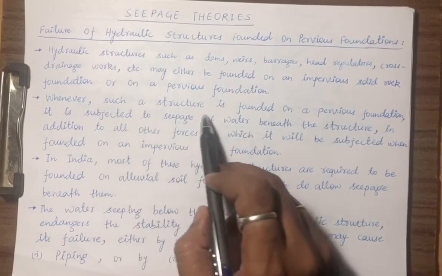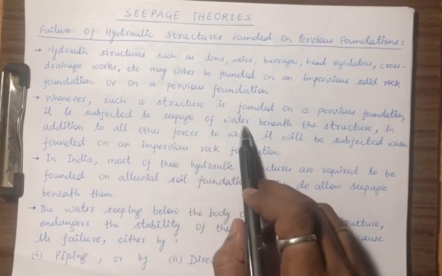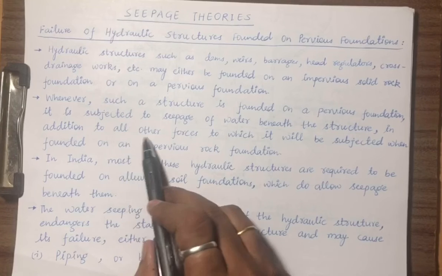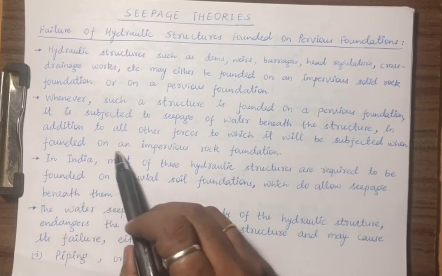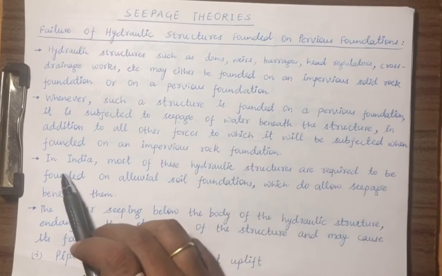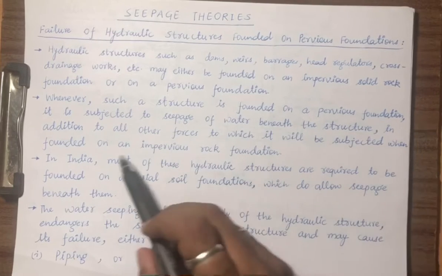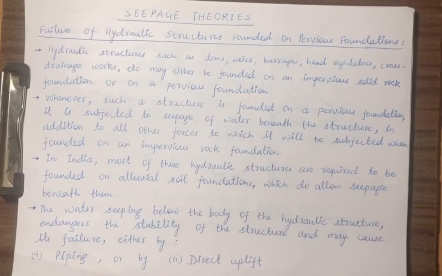Whenever such a structure is founded on a pervious foundation, it is subjected to seepage of water beneath the structure, in addition to all other forces to which it will be subjected when founded on an impervious rock foundation. So this is the problem with pervious foundation. For impervious, it is not having any problem of seepage.